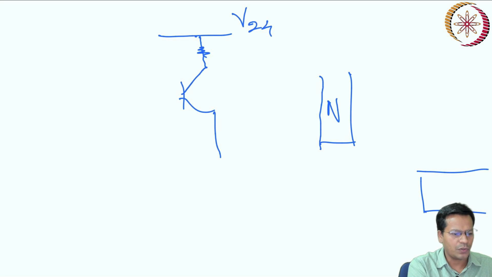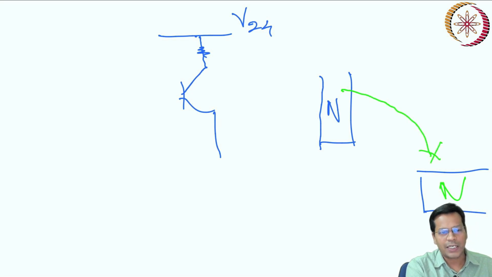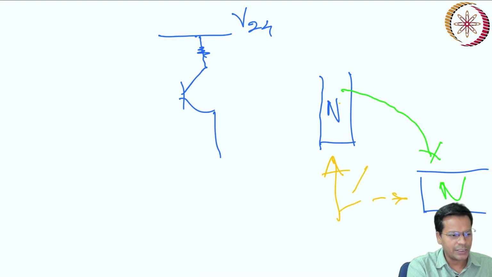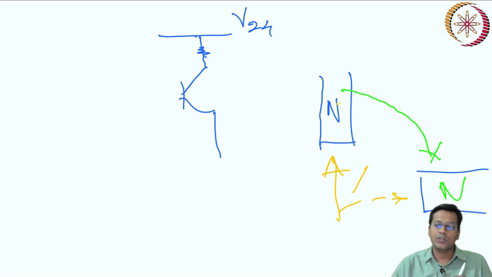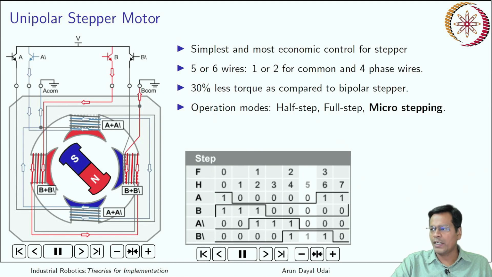If this is north, this can be made north as well, but you gradually shift the power from here to here by controlling the current. In that case your armature goes from this position to finally this position by gradually changing from north to south. That is a way we can run using the micro stepping technique, that we'll discuss in much detail later.